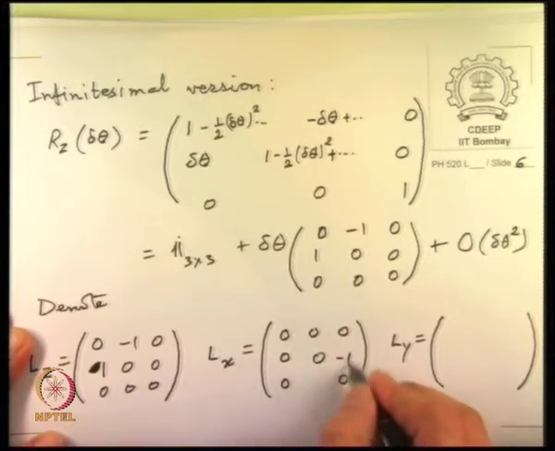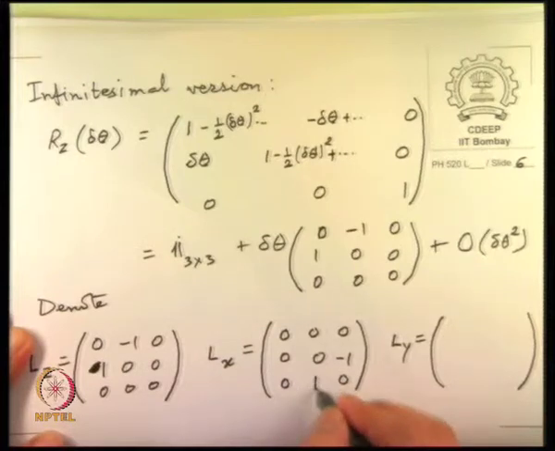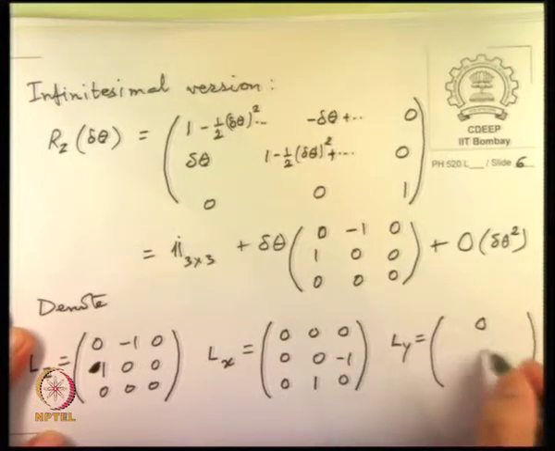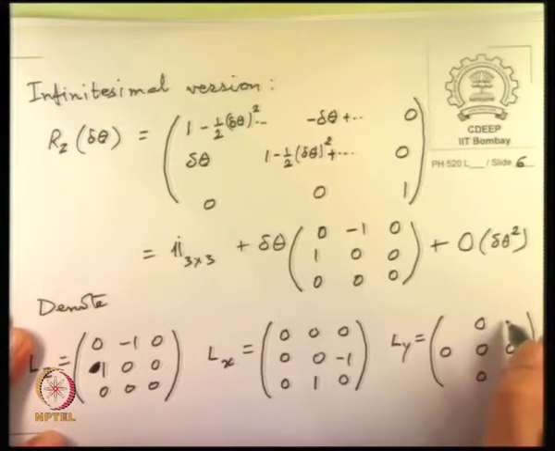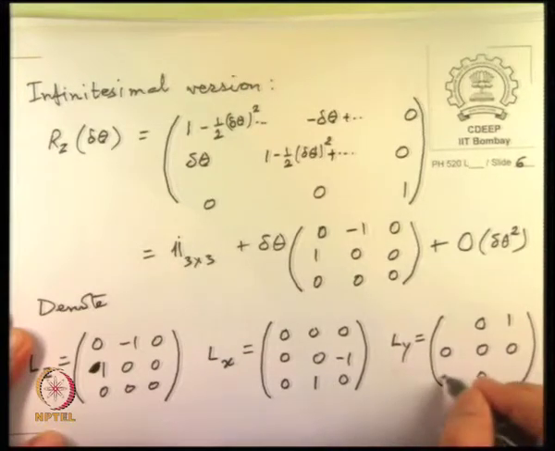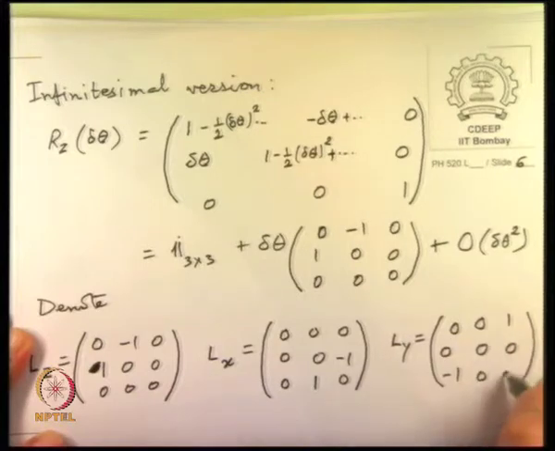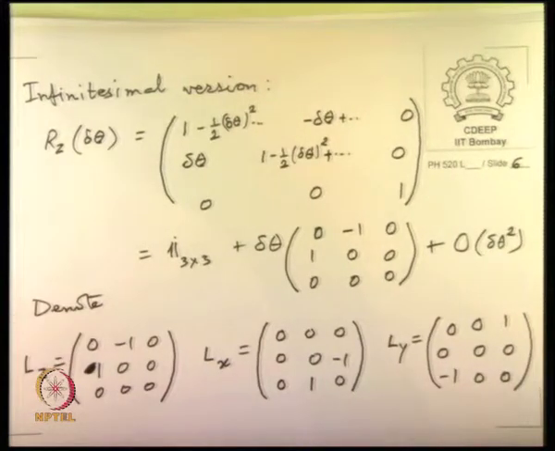It should have the same sign as Lz, and Ly will have zeros here. So, we designate our matrices Lx, Ly, Lz, which capture the infinitesimal rotations in the yz, zx and xy planes respectively.